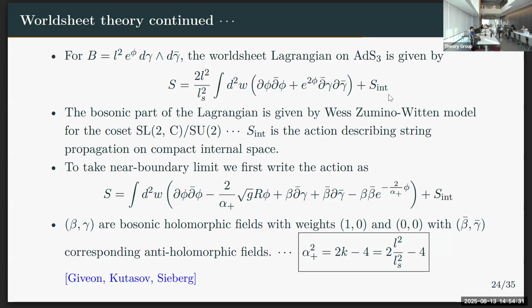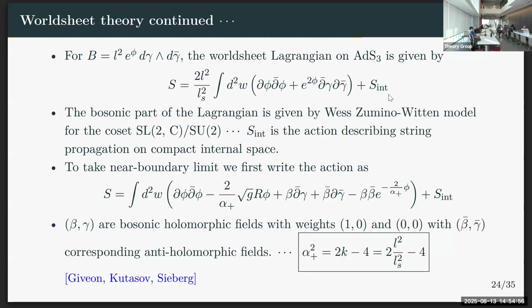But for a near boundary limit, we work with this action because that action clearly gives you something. Also, alpha plus is related to the string length and the AdS length as follows. Also, K, we will come back to what K is. Right.